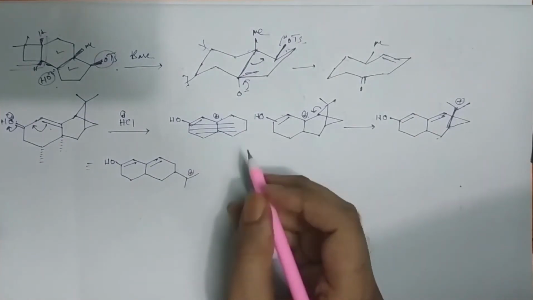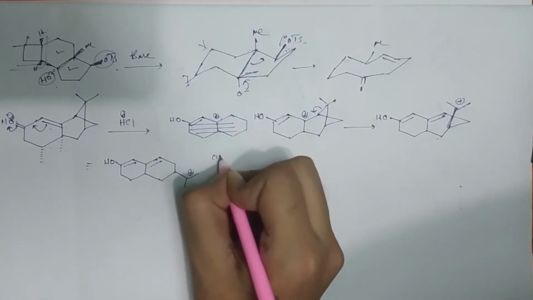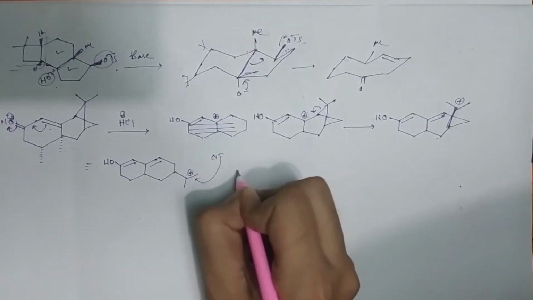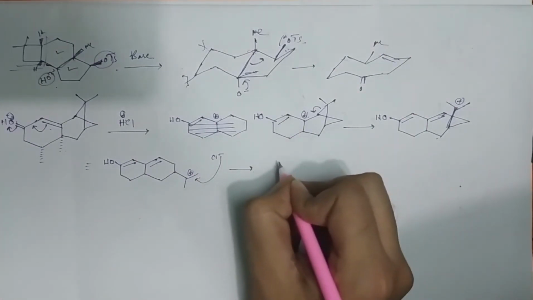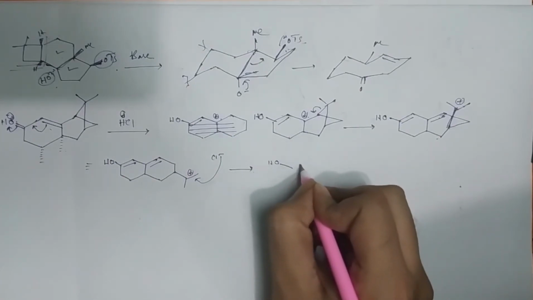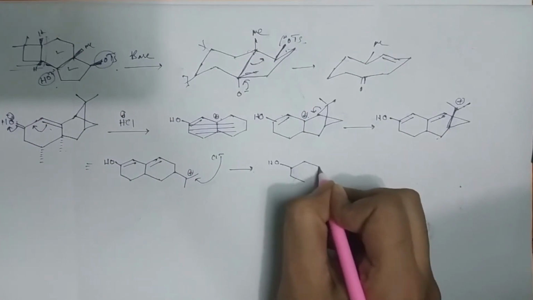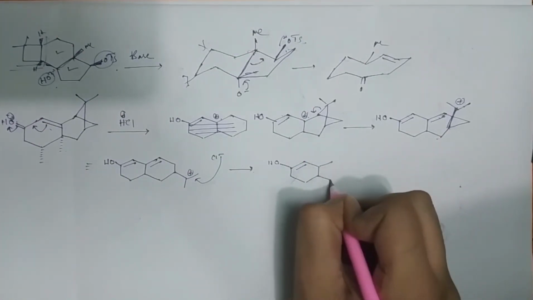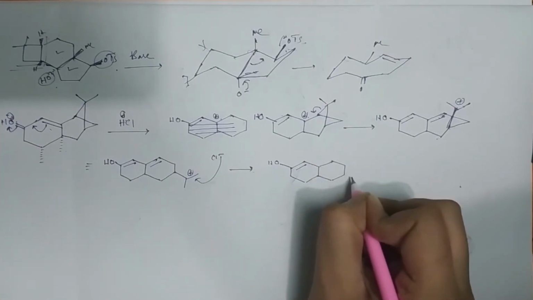So we know that in the reaction medium there will be enough Cl minus which will attack here, because we know that the nucleophilicity of Cl minus is moderately good. If there is any carbocation present in the reaction medium, it can react there.